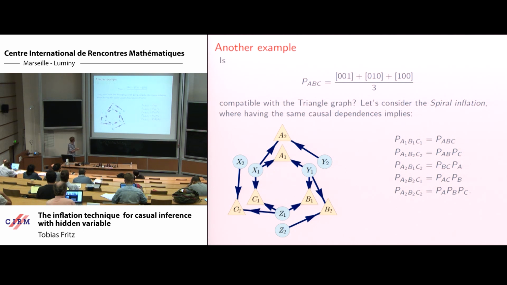So here again, we have 2 copies of each of the original root variables, and a bunch of descendants. But again, we can assume that each of these variables depends on its ancestors in exactly the same way as in the triangle.